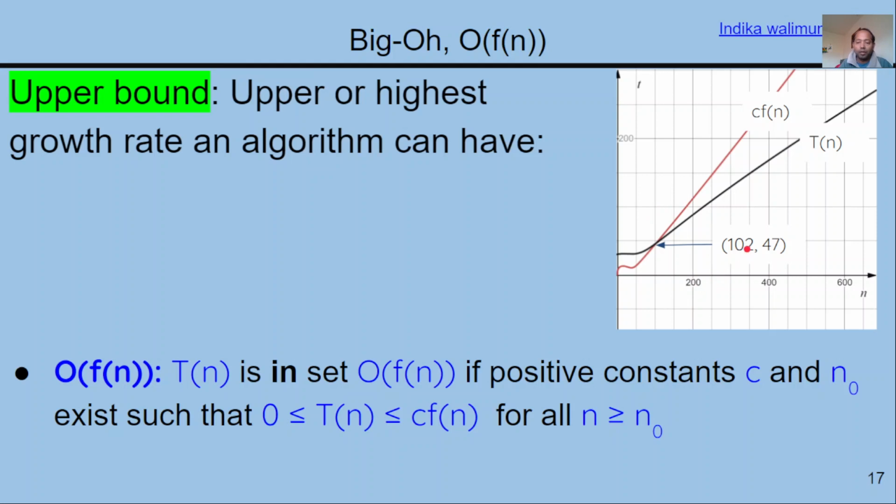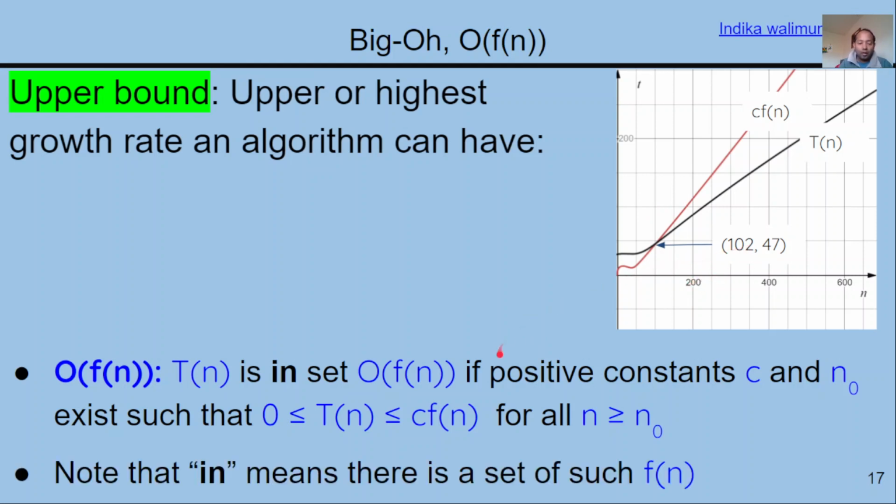So there are real examples. It's really important that we have this "in". Whenever you describe this, you should say "is in," not just "is." It means there's a set of such functions.